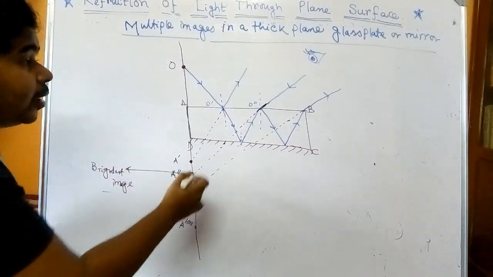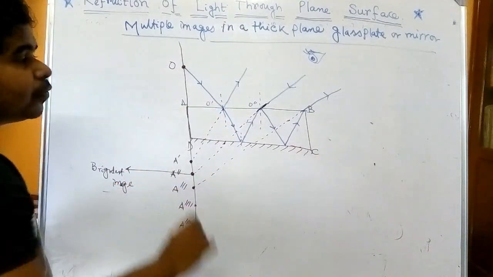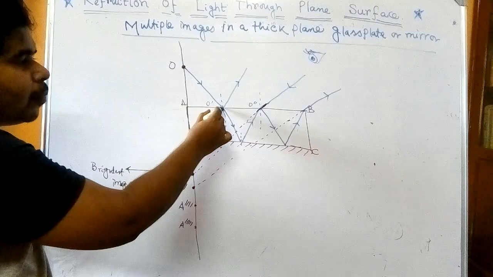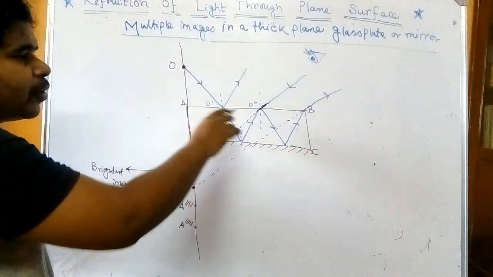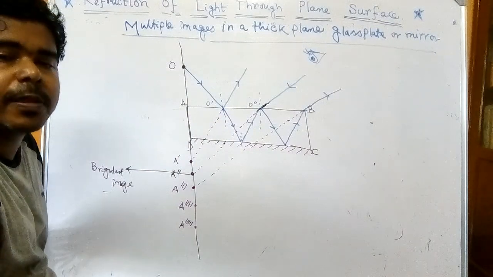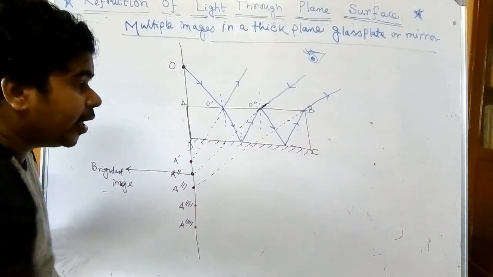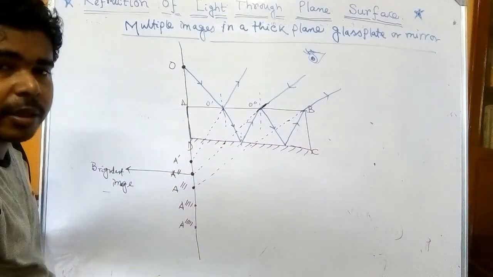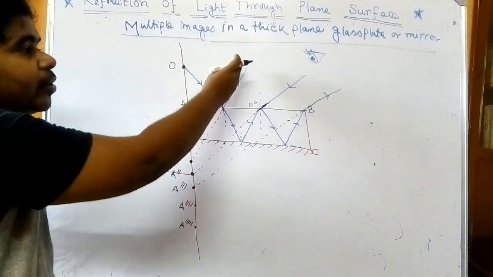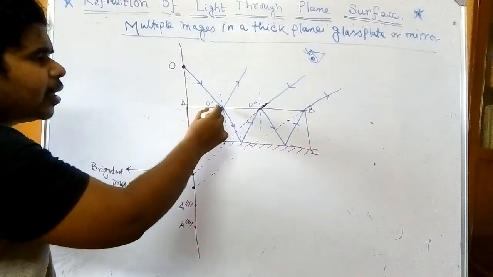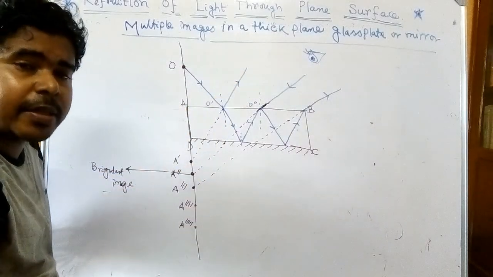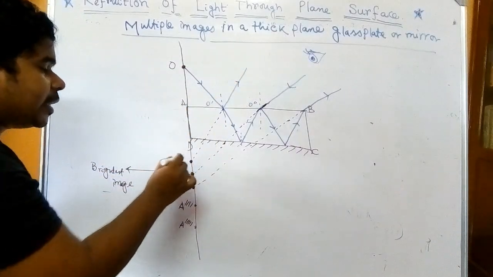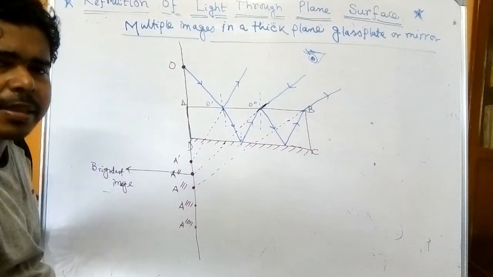The reason is that if I am talking about the first image, some amount of light should be reflected from the first surface, because the first surface is the transparent surface. Here no silvering is given, so most of the light will not reflect here. Very little amount of light will be reflected. So as little amount of light is reflected here, the intensity of A dash should be very less.